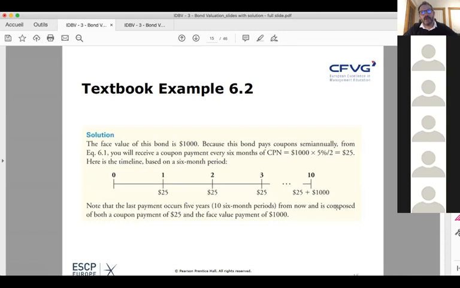Usually, when I'm physically in Vietnam with you in the room, many times I go on the board and draw timelines like this, with the dates and the cash flows. I think it's very important, for me and maybe for you as well, when you have an example or an exercise to do, firstly to translate the data into the timeline to really realize what you have to calculate.